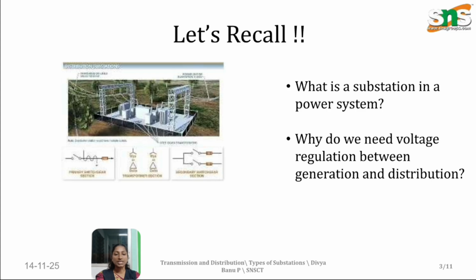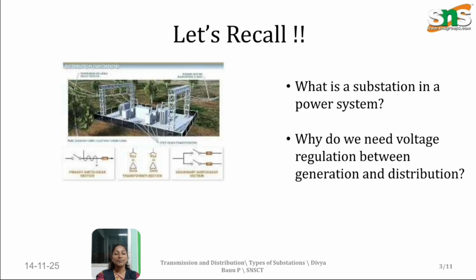So what is a substation in a power system? The substation is a place where we transfer voltage and regulate voltage, and we use protection devices in order to give a supply which satisfies the customers and meets the demand. Why do we need voltage regulation between the generation and the distribution?